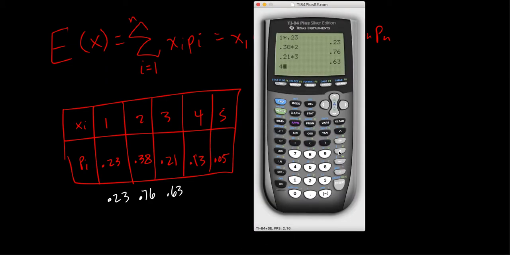And then we get 4 times 0.13, and 5 times 0.05, okay, 0.52, 0.25.